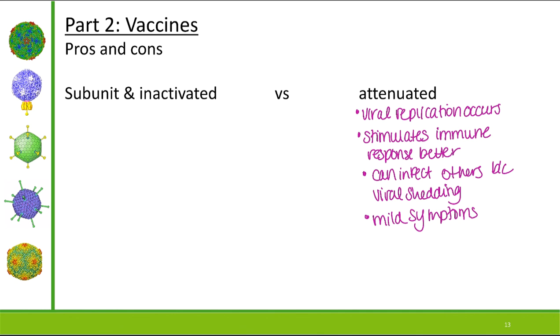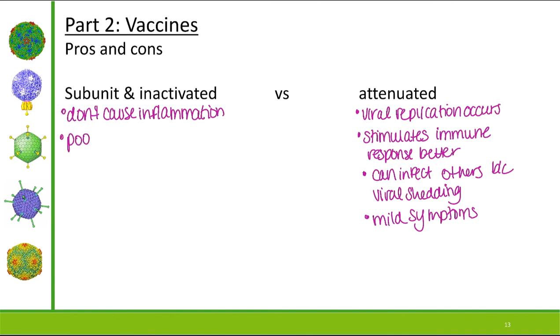On the other half, we've got the subunit and inactivated vaccines. For these, they don't cause inflammation. And this is definitely a con in the sense that inflammation is a key part of the immune response. Without inflammation, we don't get more signaling that the immune system needs to do its job. So that's definitely a con.